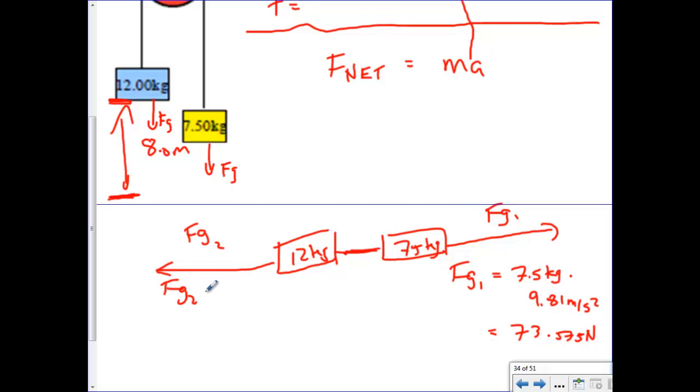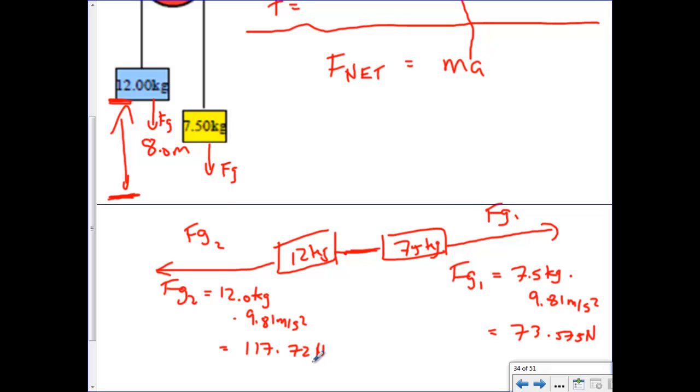This box over here, its force of gravity will be 12 kilograms times 9.81. I got 117.72.